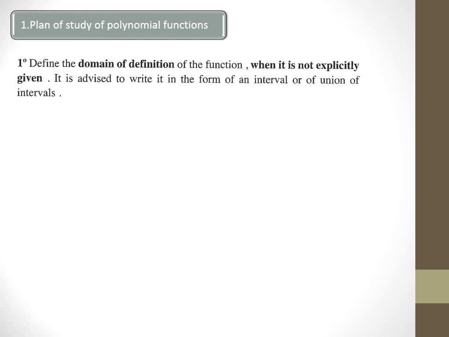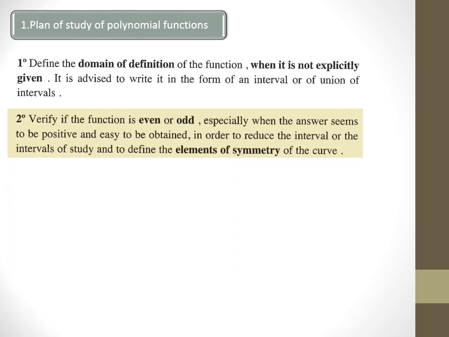After the domain of definition, we need to tell if the function is even or odd, or to study the parity of a function. What does the parity help me in? If the function is even, then it has an axis of symmetry, then no need to draw the whole graph.